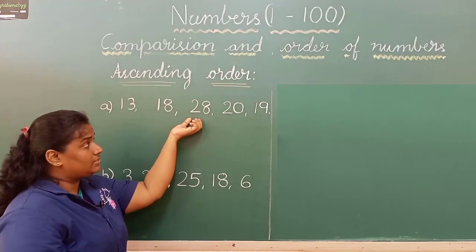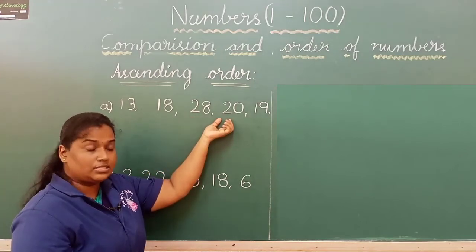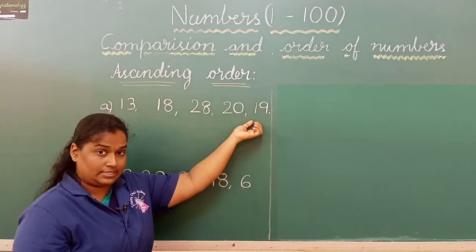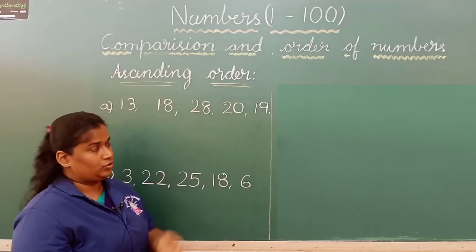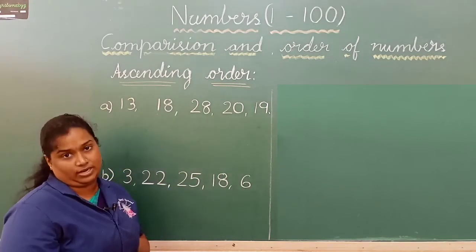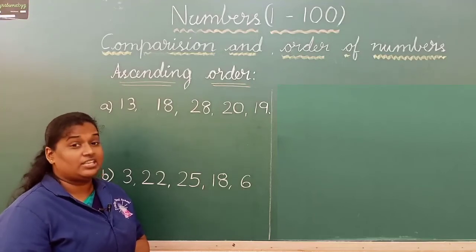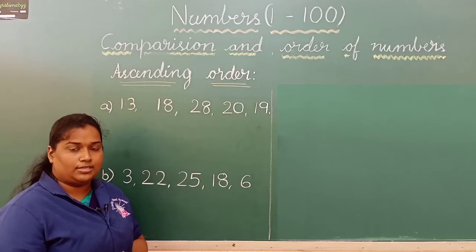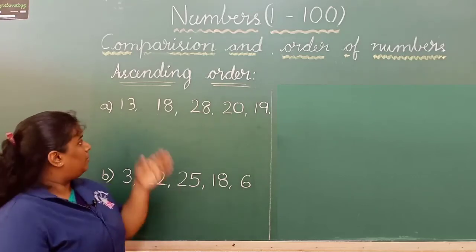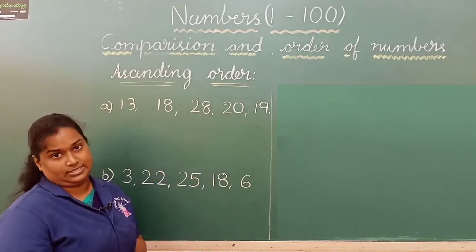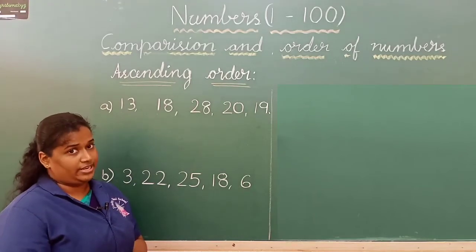Then 2 tens: 2 tens in 20 and 1 ten in 19. Which is smallest? Obviously 1 ten is smaller than 2 tens. But we have 3 numbers with 1 ten. Now how to identify the smallest number?